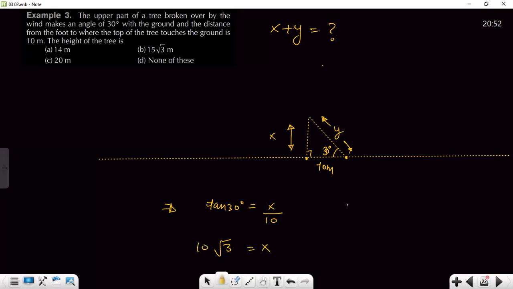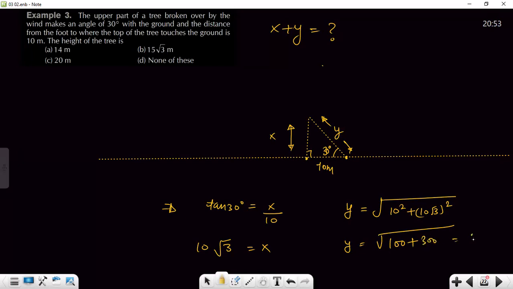Okay, let's now find out y. y is simply the square root of ten square plus x square, which is ten root 3 whole square. y becomes ten square, that is 100, into root 3 square becomes 3 only. 3 into 100 becomes 300.